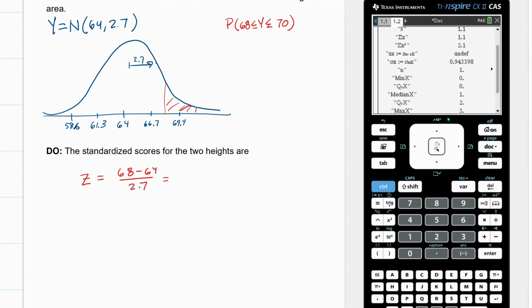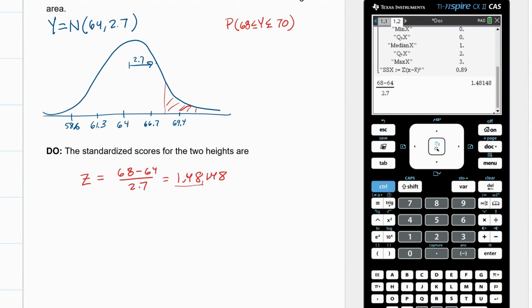I'm going to hit Control Division to get the fraction, 68 minus 64 divided by 2.7. And we get that this is 1.48148. Now we're only really going to use these three decimal places.